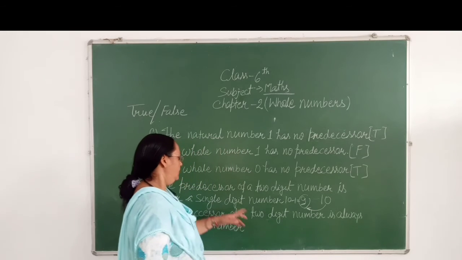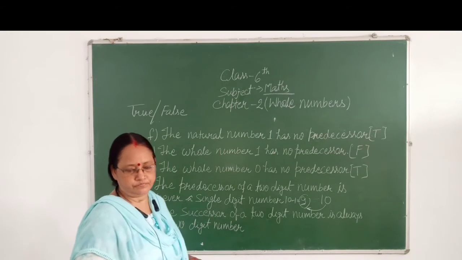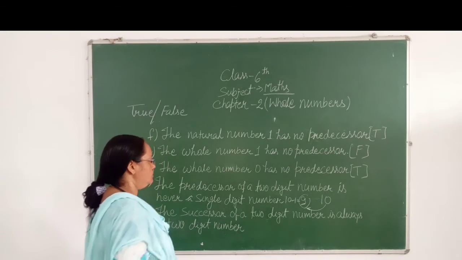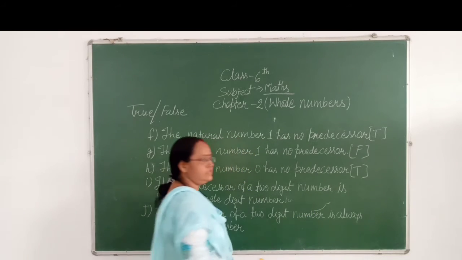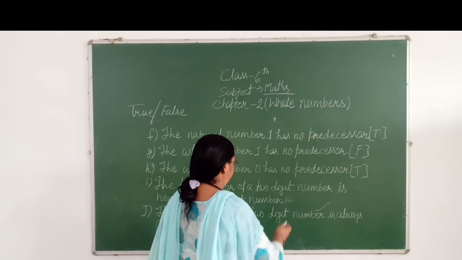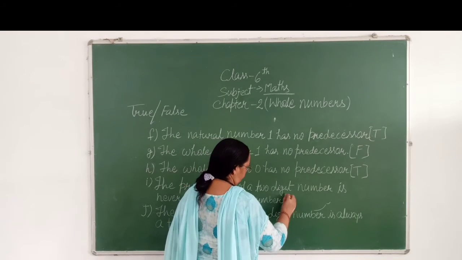So single digit number. So the predecessor of a 2-digit number can be a single digit number. So this is a false statement.